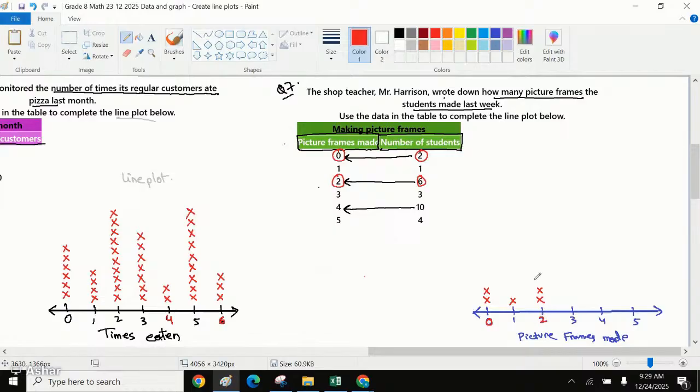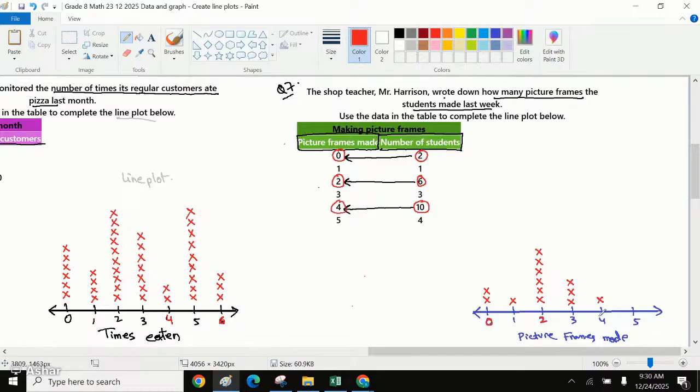2 picture frames were made by 6 students, 3, 4, 5, and 6. 3 students made 3 picture frames, 1, 2, and 3. 10 students made 4 picture frames.